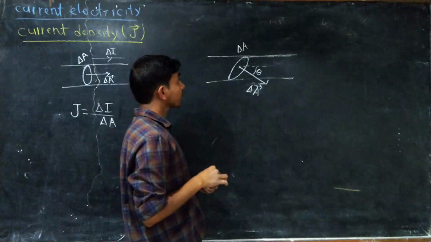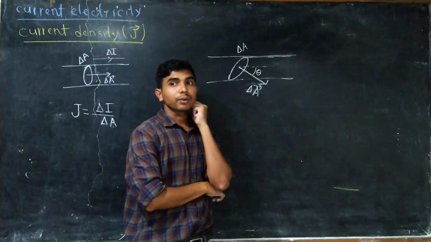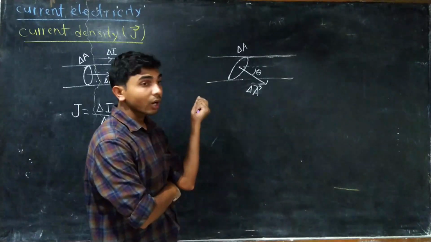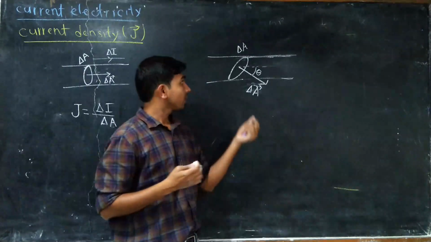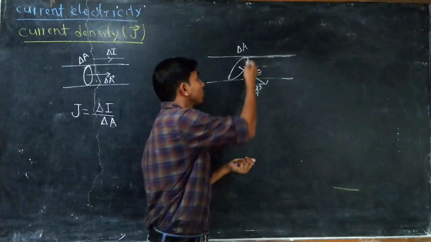Now suppose here you are going to calculate current density. We have to find the perpendicular area. Which area is perpendicular to this current?